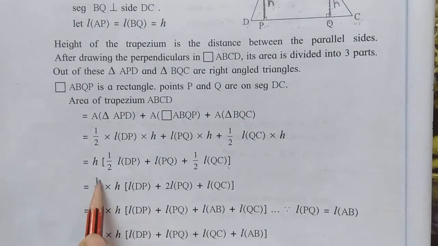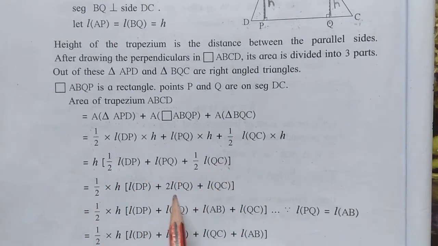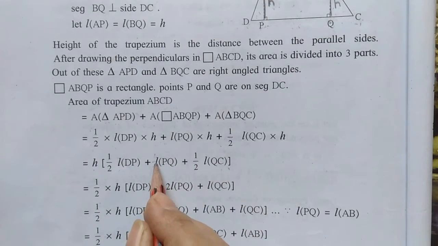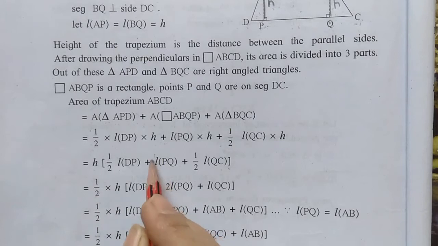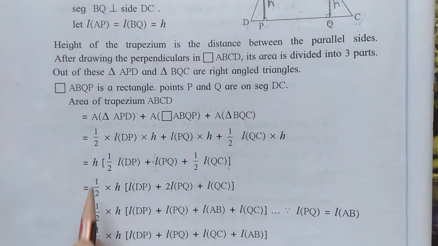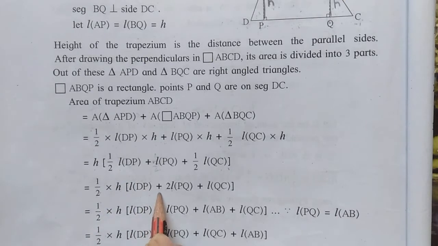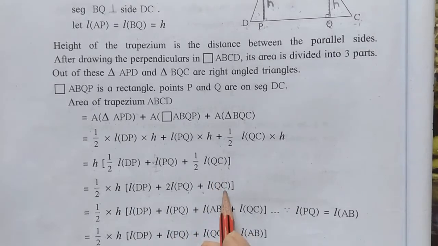If we take half common from all these terms, here half is not present, so we have to multiply by 2, because 2 divided by 2 is 1. So taking half common, half into H is common. What remains in the bracket? Length of DP plus twice length of PQ plus length of QC.